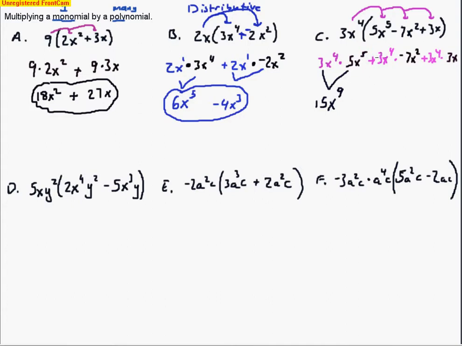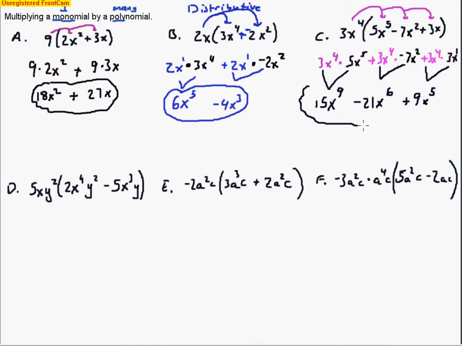But this time, watch the signs here. 3 times negative 7, negative 21. Count up the exponents. 4 and 2 make 6. And then do the same thing over here. 3 and 3 multiply to make a 9. Then you count up the exponents on the x's. Here we have 4, here we have 1, so it makes 5 altogether. And so there's our answer.